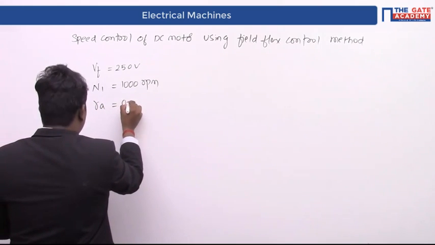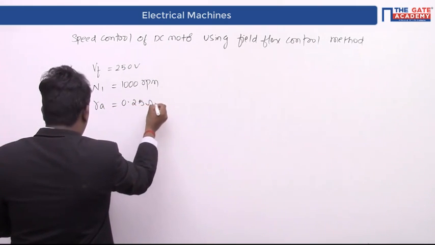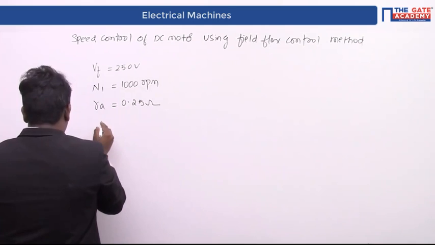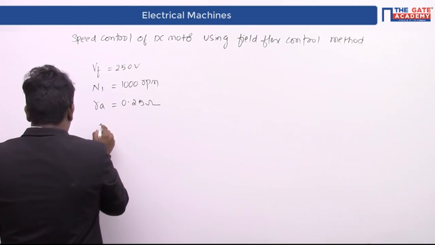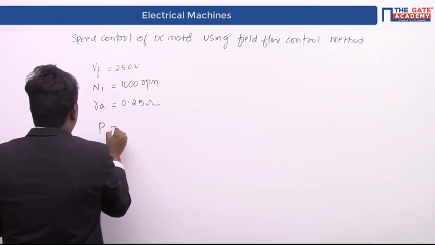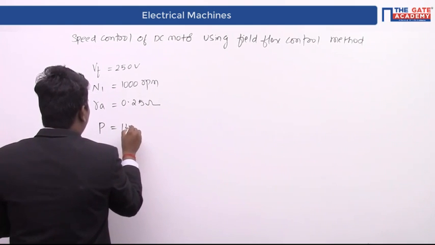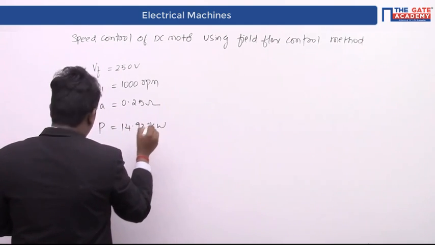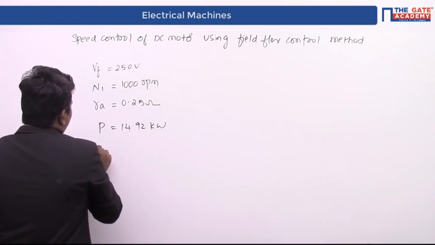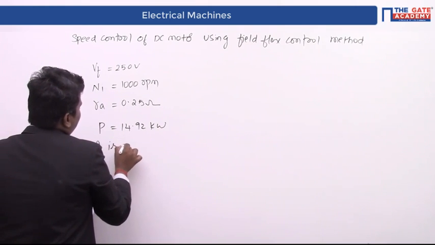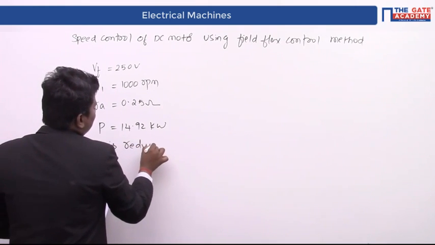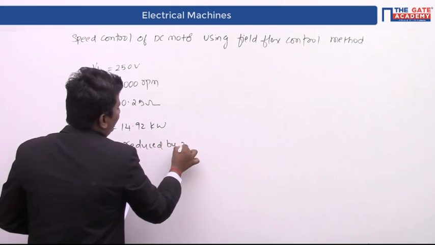Armature resistance is equal to 0.25 ohms. And the power delivered to the load is 14.92 kilowatt. Flux is reduced by 20%.